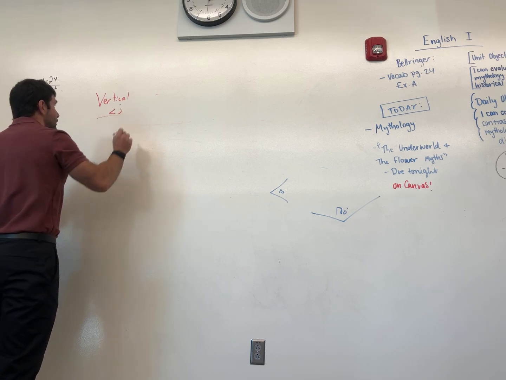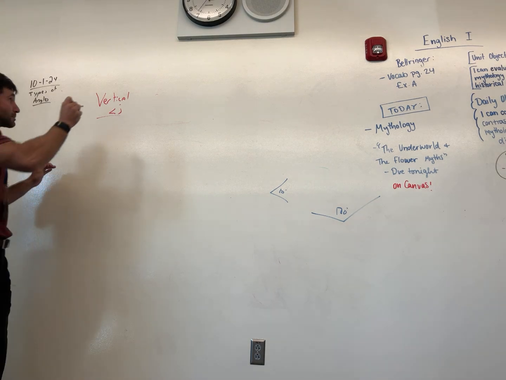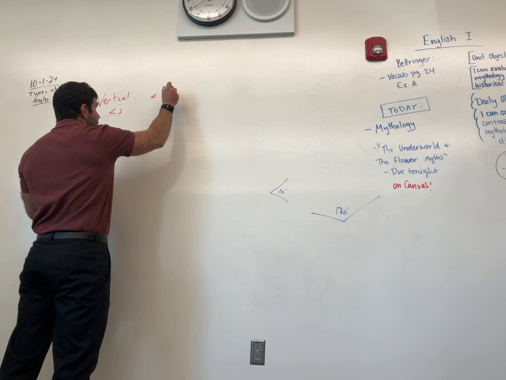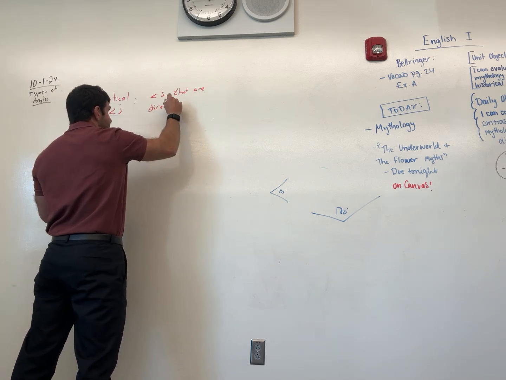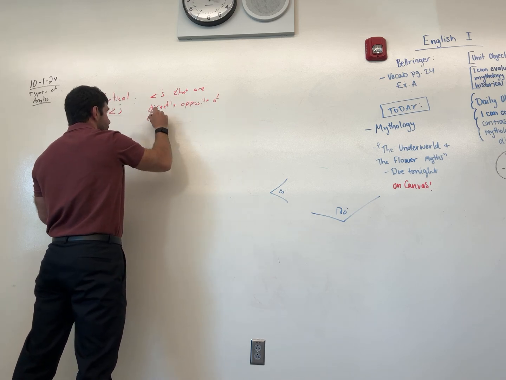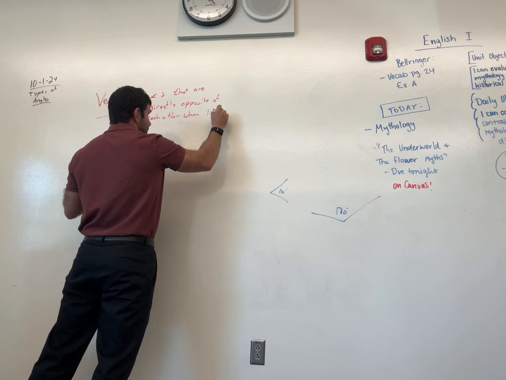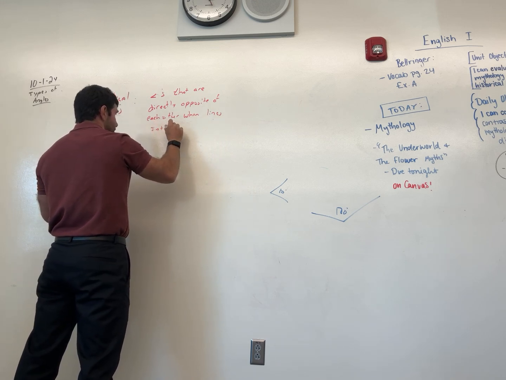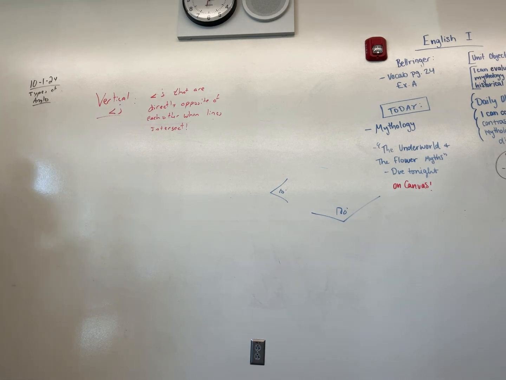Vertical angles: angles that are directly opposite of each other when lines intersect. These are directly opposite each other when lines intersect, and that's confusing. I will try to make it make more sense. Okay?